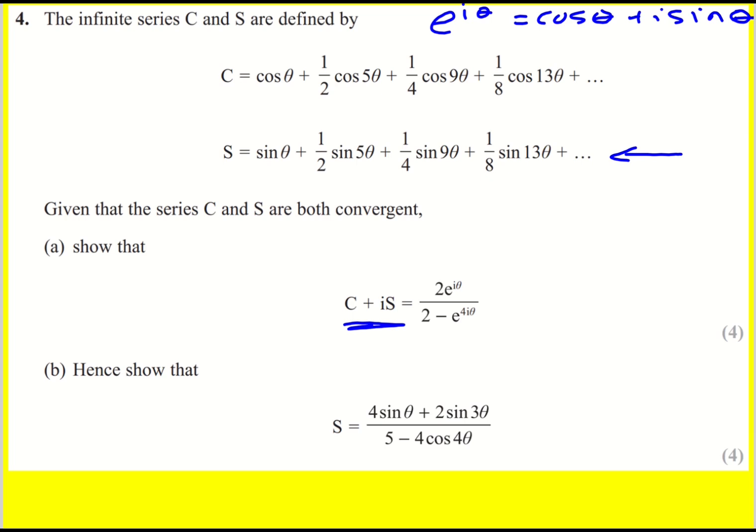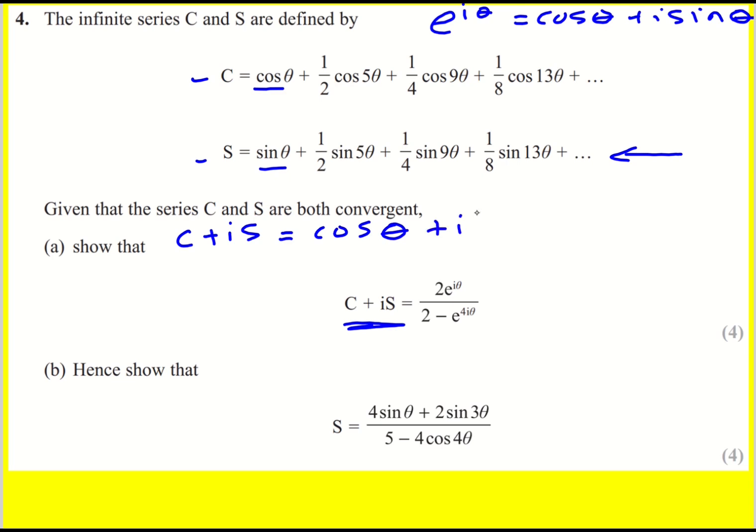But first up, let's work out C plus iS. Well, it's going to be just this added to this, but with an i in there. What I'm going to be doing is adding like the pairs.